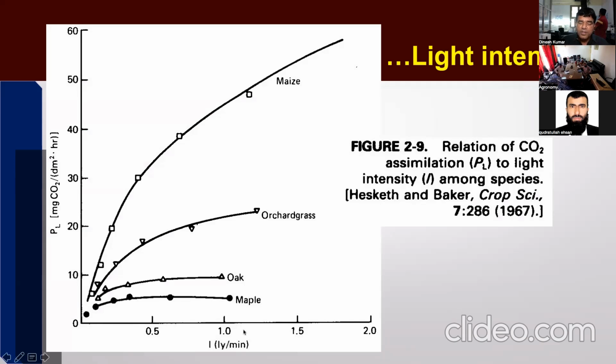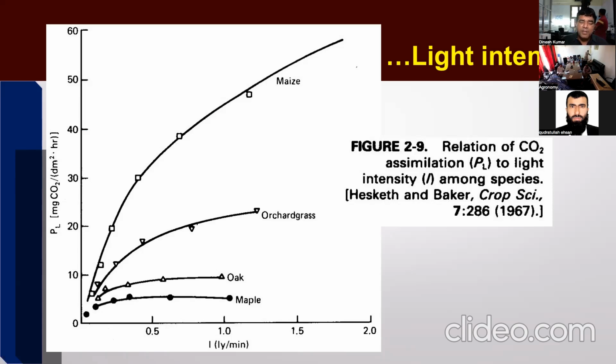On the y-axis, PL means photosynthesis, and the unit is milligram carbon dioxide per decimeter square per hour. You can call it assimilation rate also.